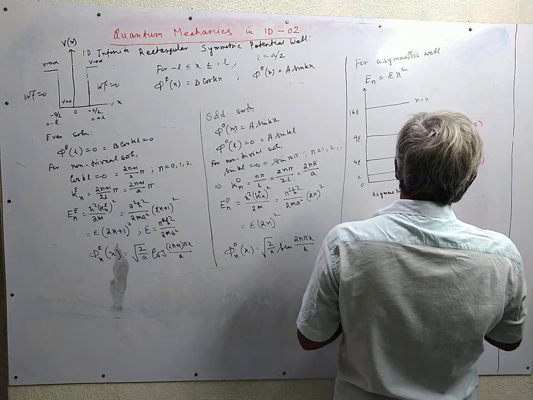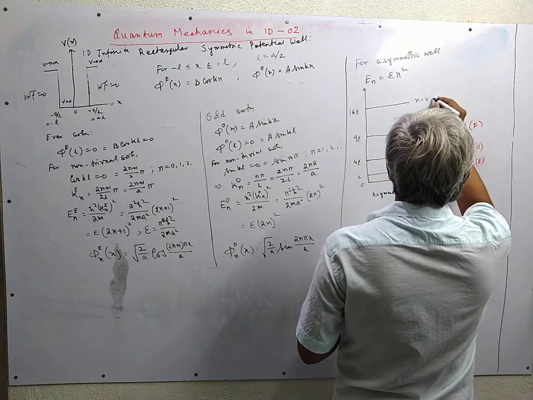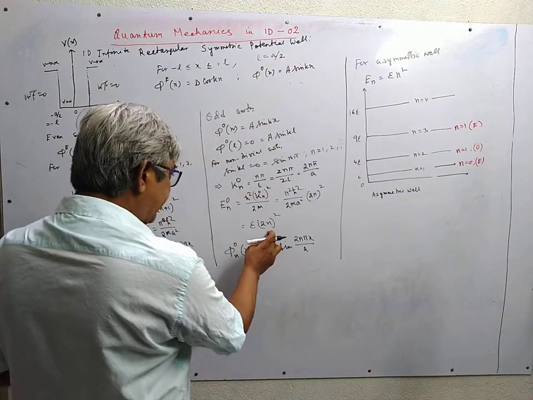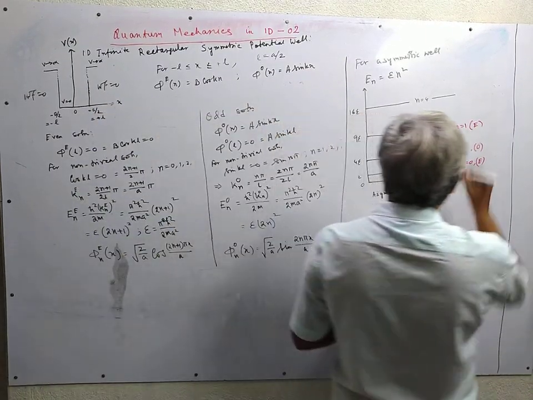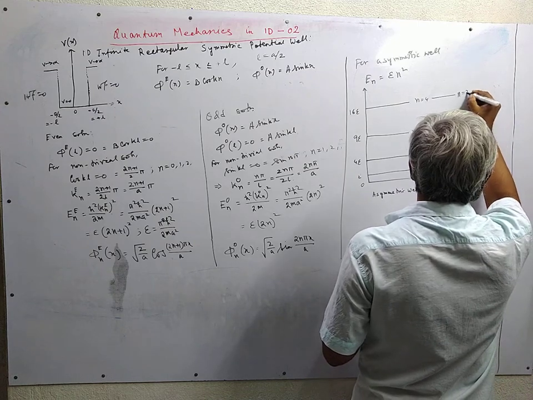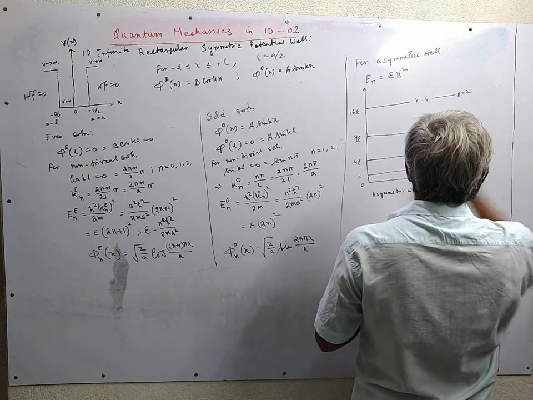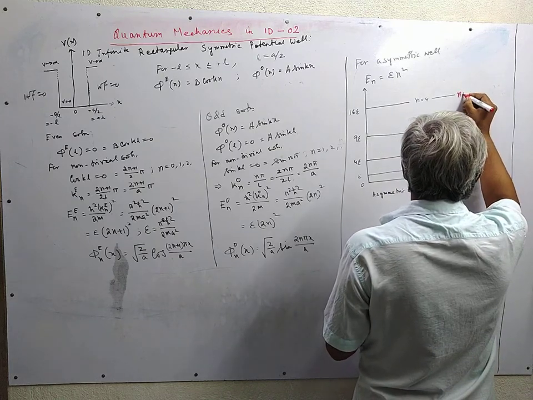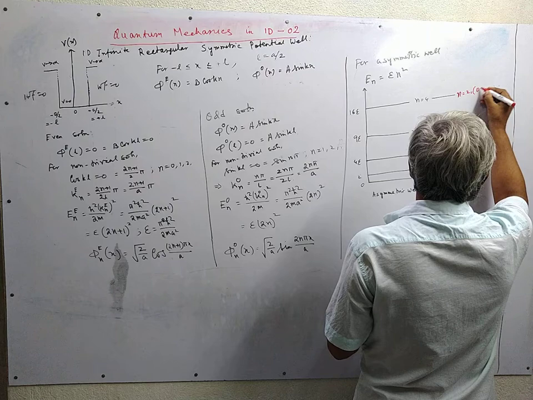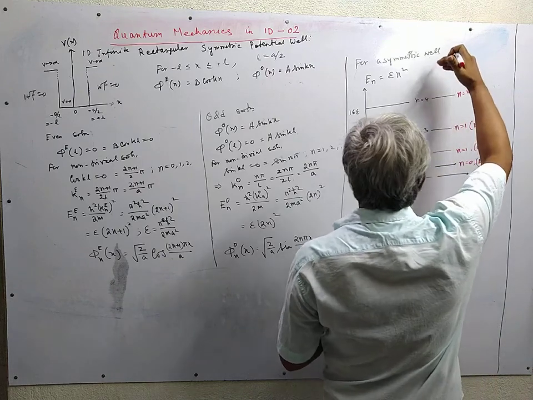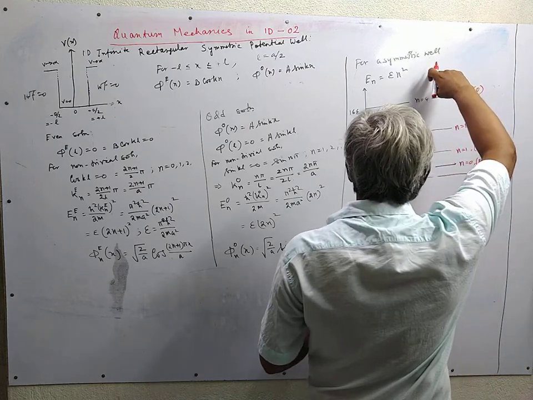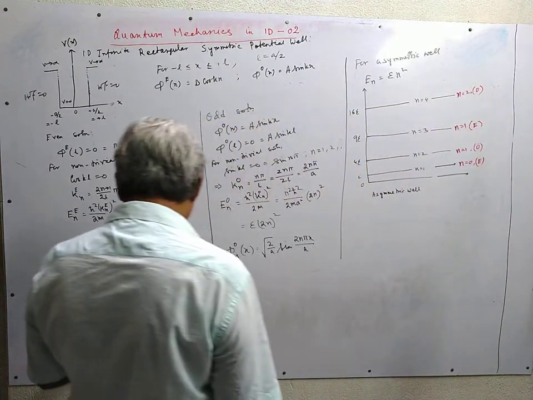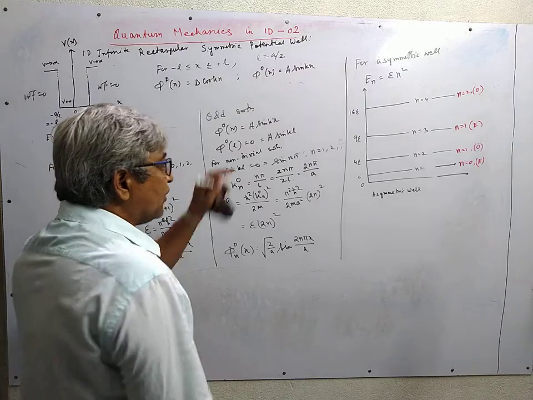And finally, 16 is n is equal to 2 of odd states. And the next one is obviously 25 epsilon, which will come from n is equal to 2 of even state.